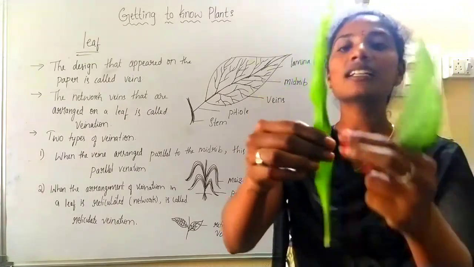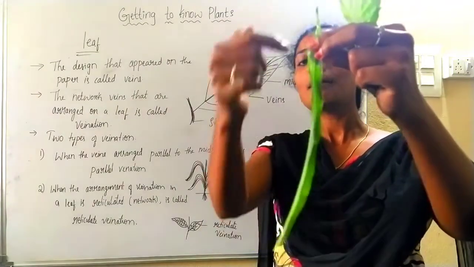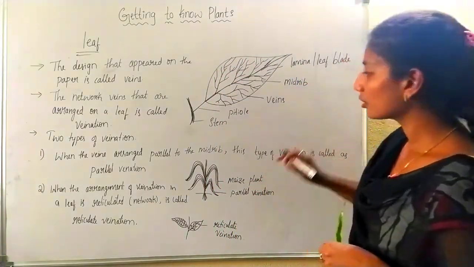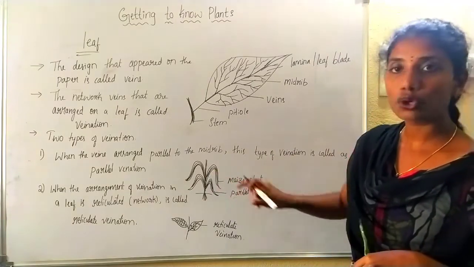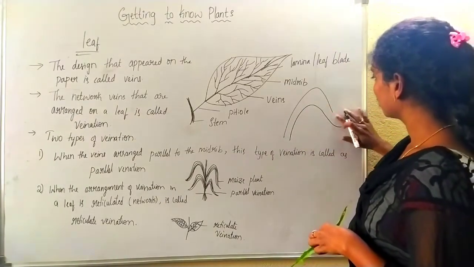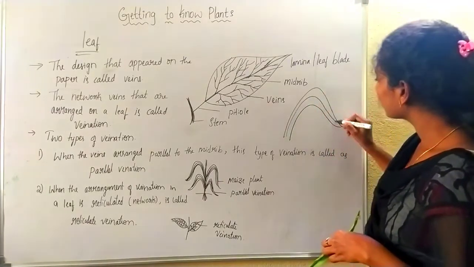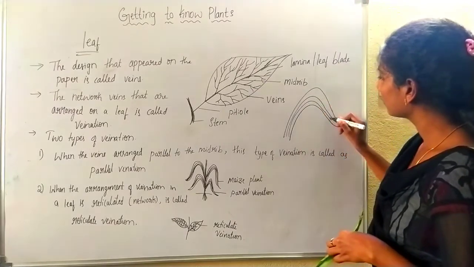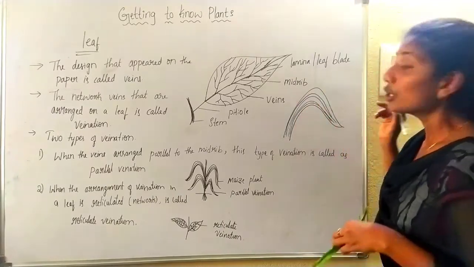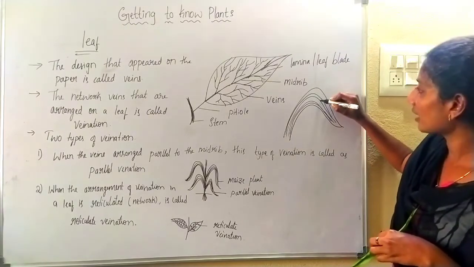If you see clearly, the lines or the venation are parallel, meaning each vein. This is the leaf of a jowar plant, and the veins are like this. The vein present here is parallel to this and this is parallel to this.